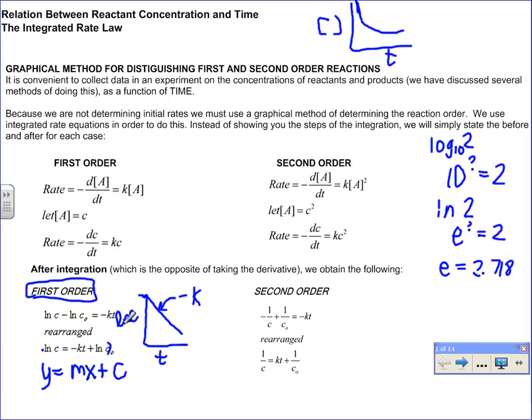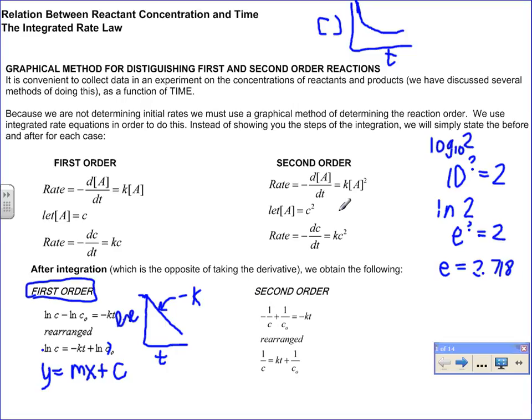So I'm going to take ln of each of my concentrations, put it against time, and if I get a straight line for that graph, then I know that the reaction is first order. So it's kind of like building this graph is a test for us. It's a test to see if the reaction is first order. If it does happen to be first order, we're also going to have the rate constant. And the rate constant is going to be the negative of the slope.